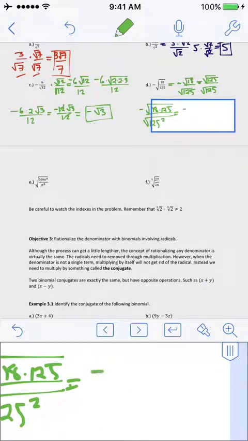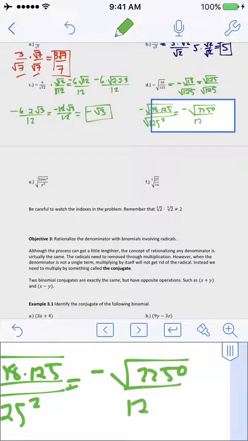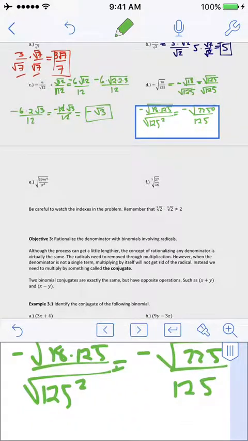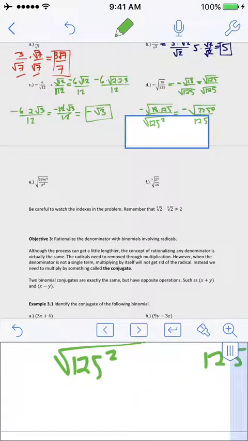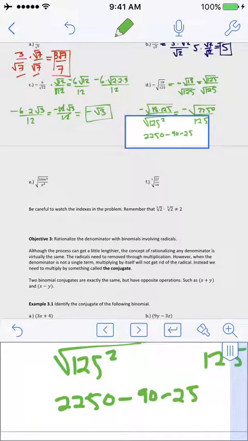That's equal to negative square root of 2250 over 125. Let's see if we can divide that by 5, 10. 2250 breaks into 90 and 25.